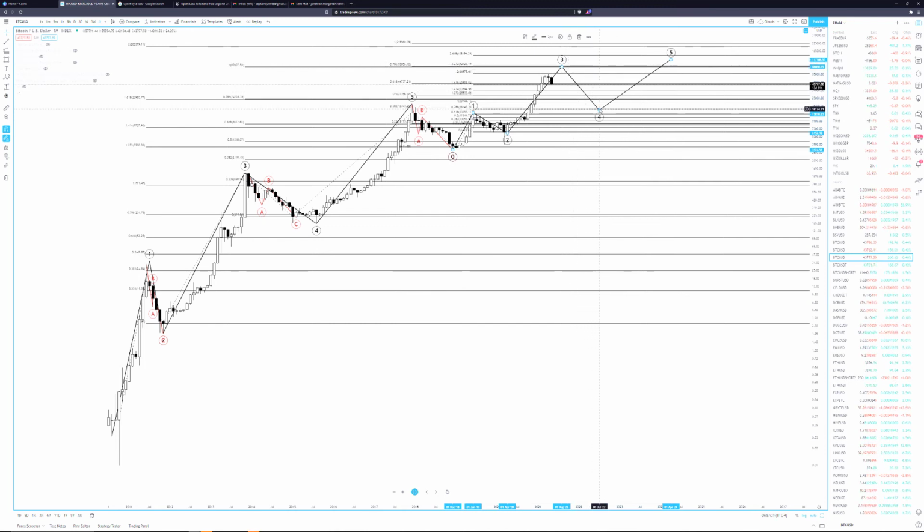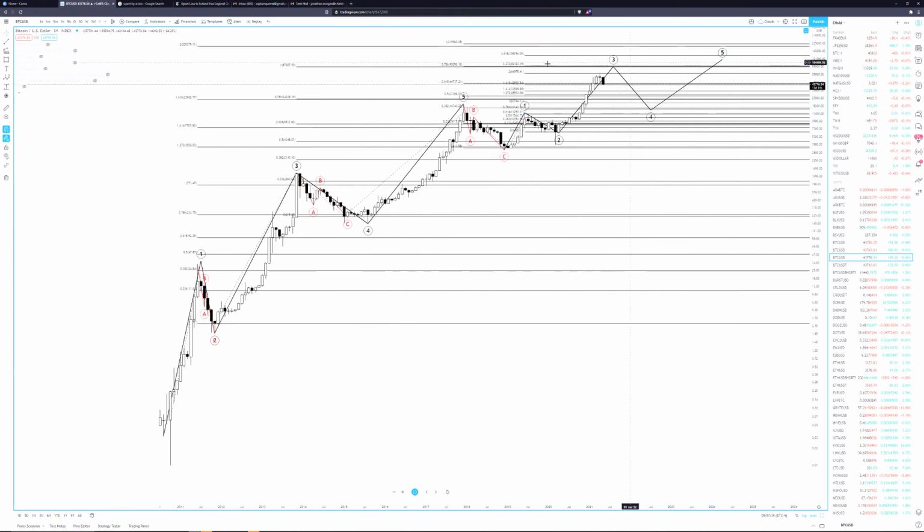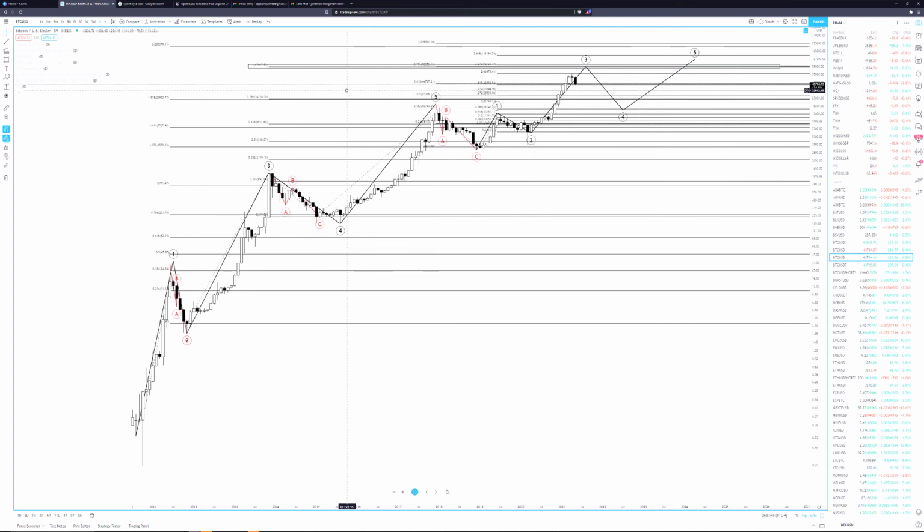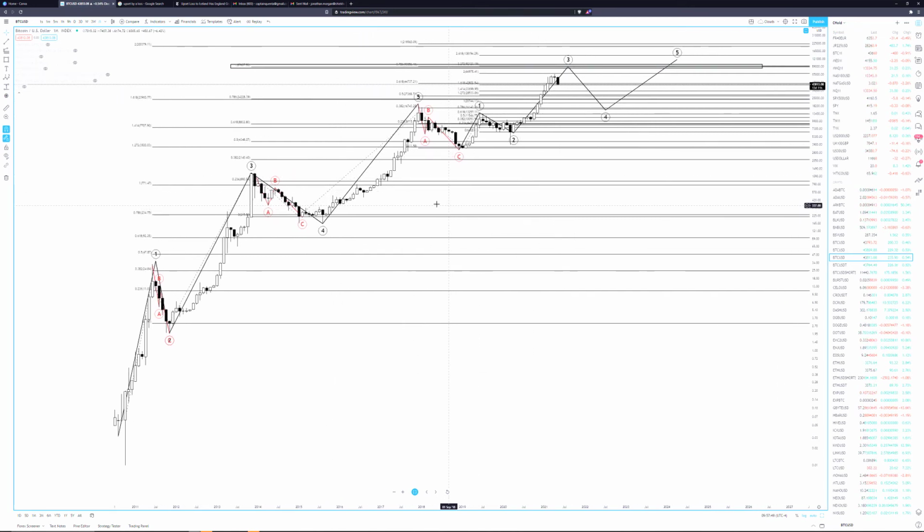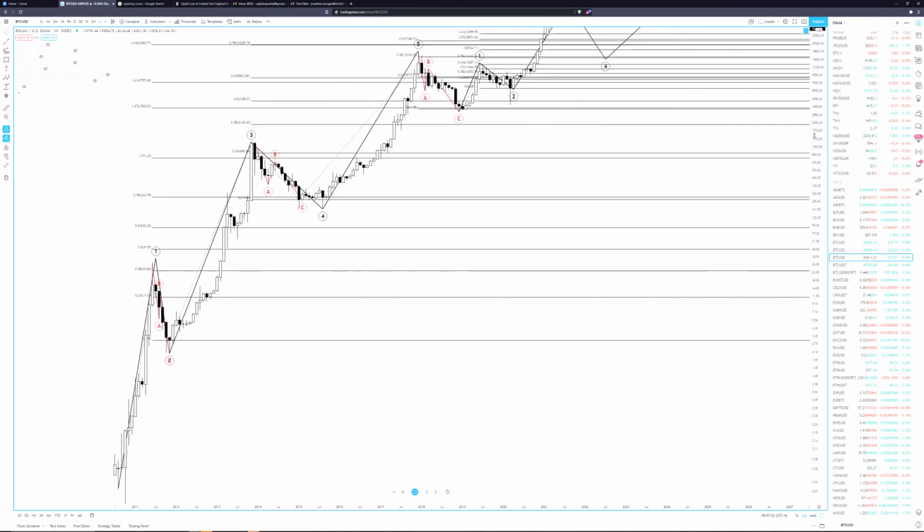All right. That's where you would likely see that occur. So let's just put a little band up there. You do all that work to look at a psychological number that says, oh yeah, 100,000, that's probably where it's going to face a lot of resistance. Just makes sense. So that's where we could see the third leg extend to.